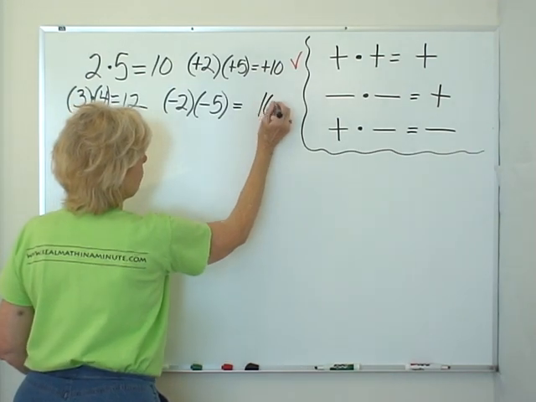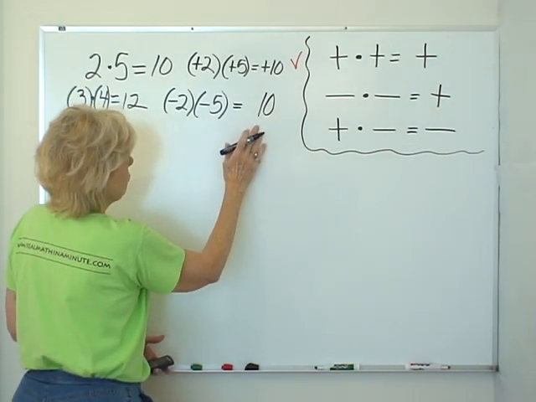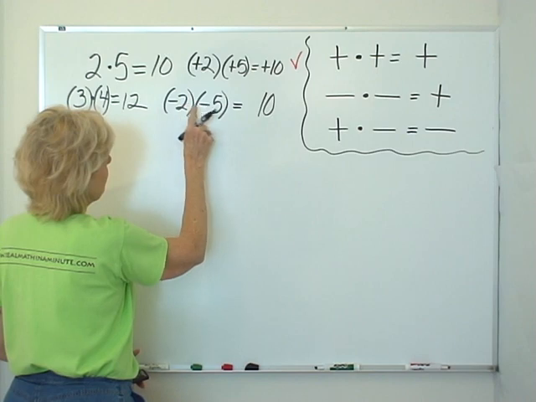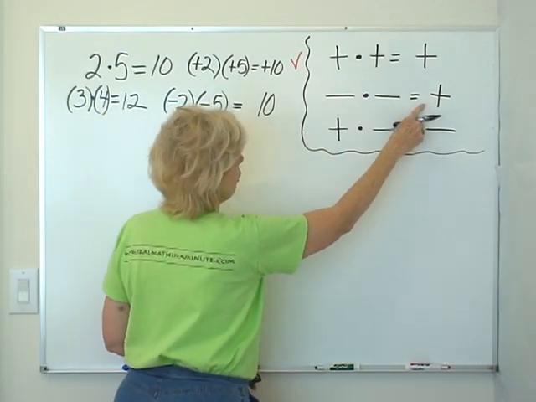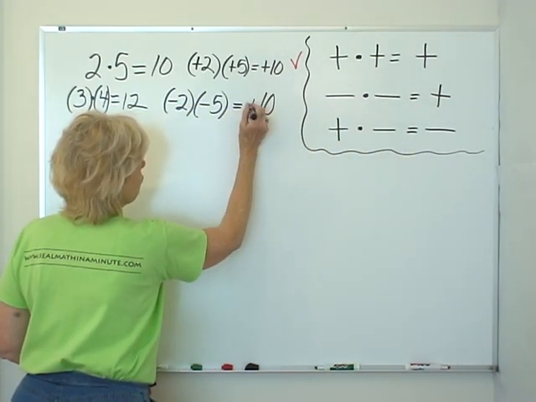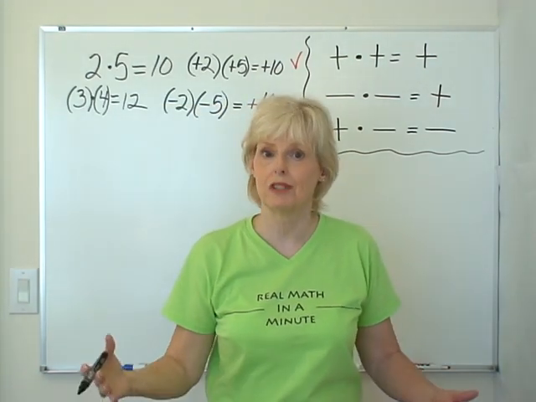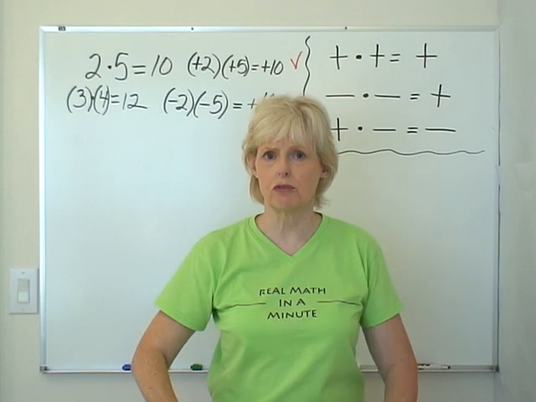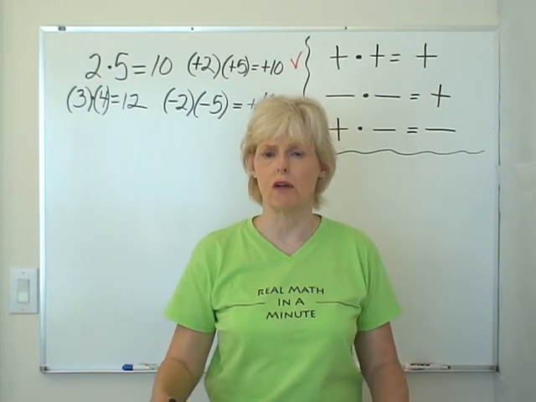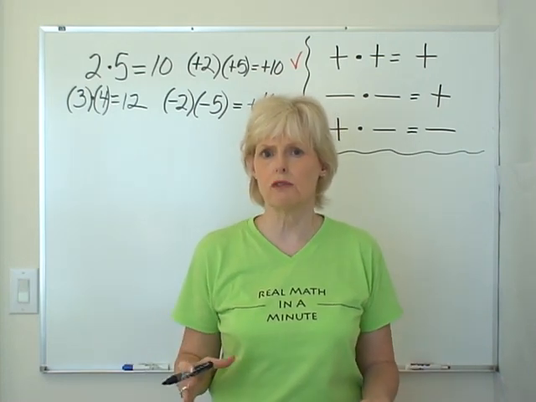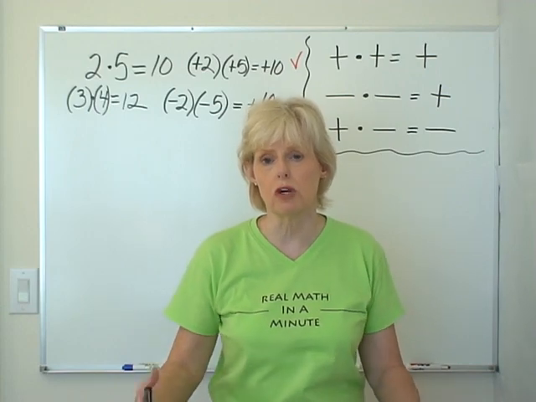Well, I know it's 10. I know 2 times 5 is 10. Now my sign, negative times a negative, I just look over here, it's a positive, and I'm going to really look over there until I have that completely memorized. After you go through it with memorization for a while, it will be just part of your nature, and you will learn it and you will know it at that time.